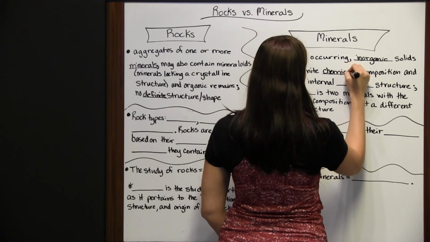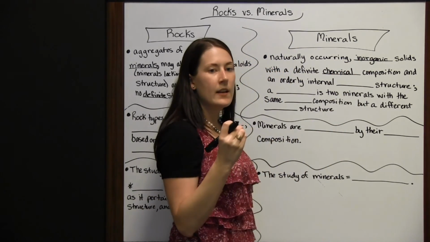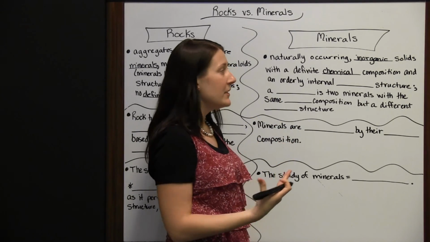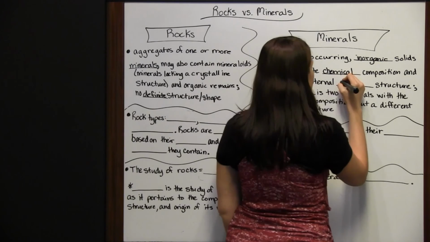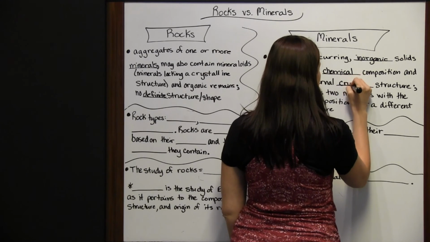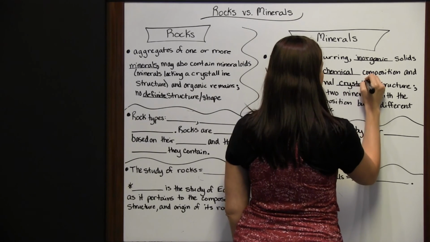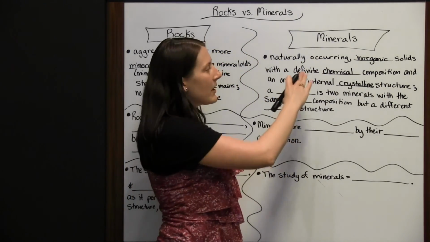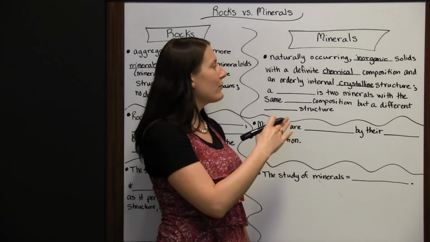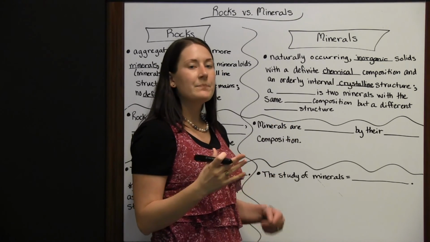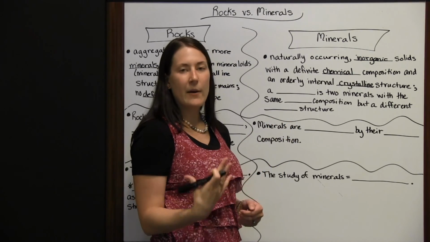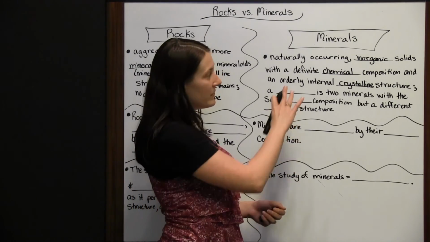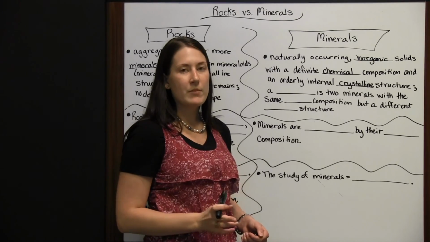So if you were to look at it, every atom of that mineral should have the same chemical composition and an orderly internal crystalline structure. Now, some minerals may have the same chemical composition but have a different crystalline structure, and the structure determines how it's going to look or what the mineral is going to be called sometimes whenever it has the same chemical composition.